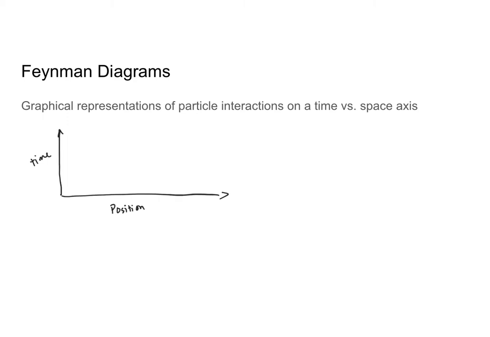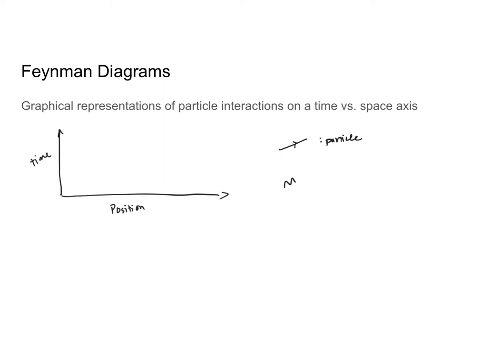Now, there are a couple of key things to know about our Feynman diagrams. So, first of all, straight lines are going to represent particles. So this is an example of something representing a particle. That is any of our quarks, any of our mesons, baryons, that is any hadron, and then also any of our leptons and our neutrinos.